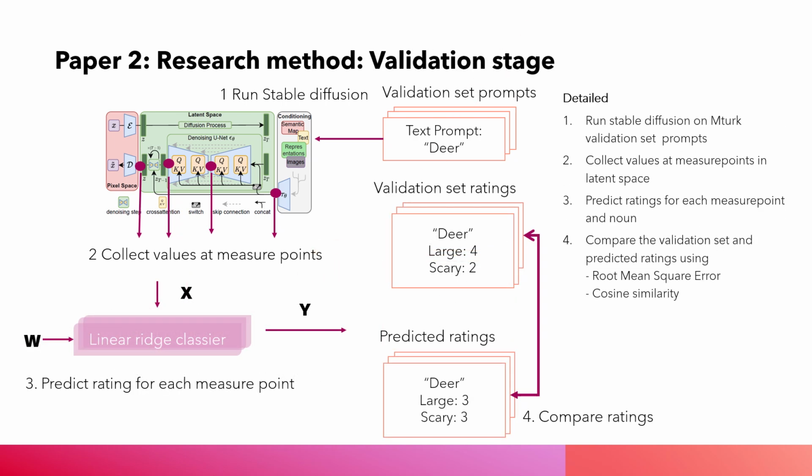The second part, the validation stage, runs the Stable Diffusion model on the nouns of the validation set and also collects the values at each measure point.